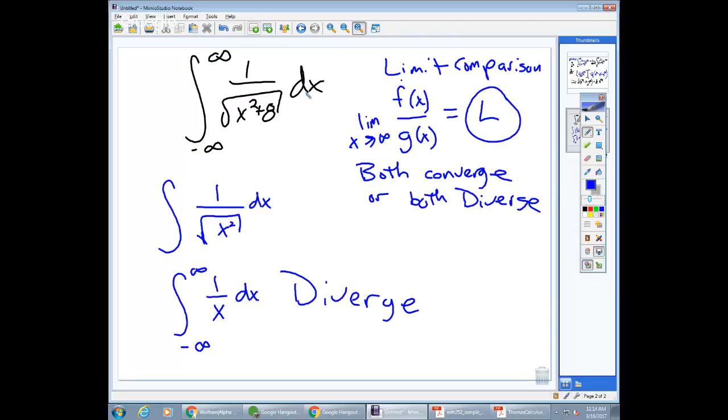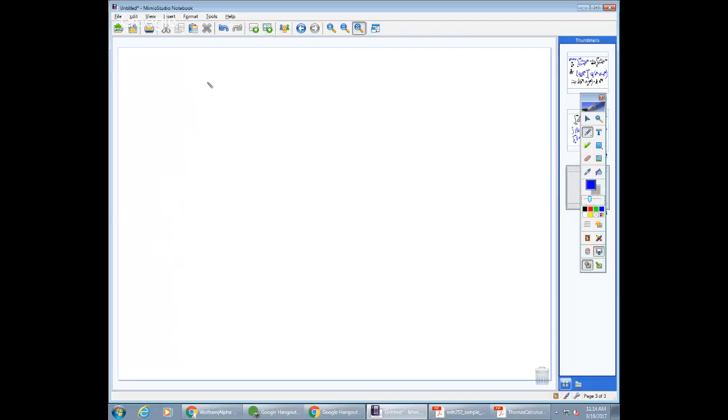Okay, because think about it, for big x, does a plus 8 matter? Not really. So that's kind of the theory behind this, in an intuitive sense. So let's take a look at the limit as x goes to infinity, excuse me. And you can write the functions in either direction.